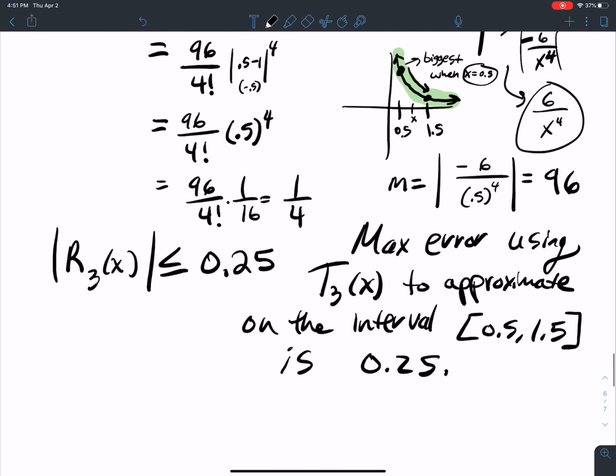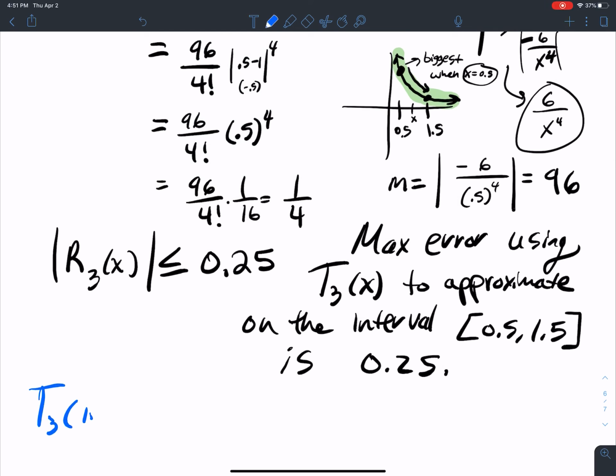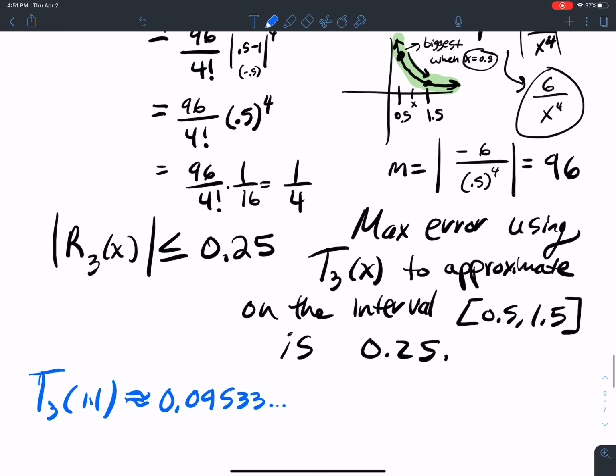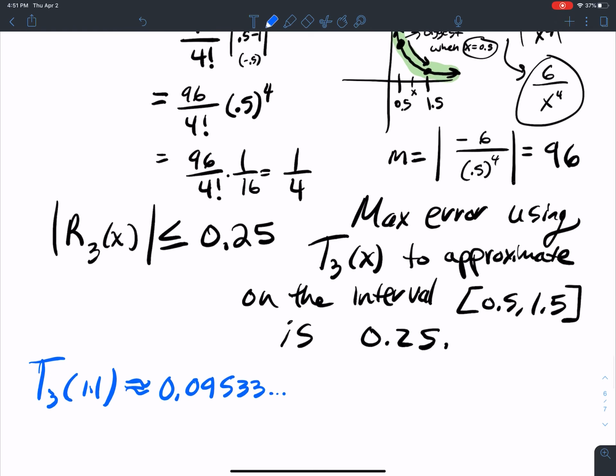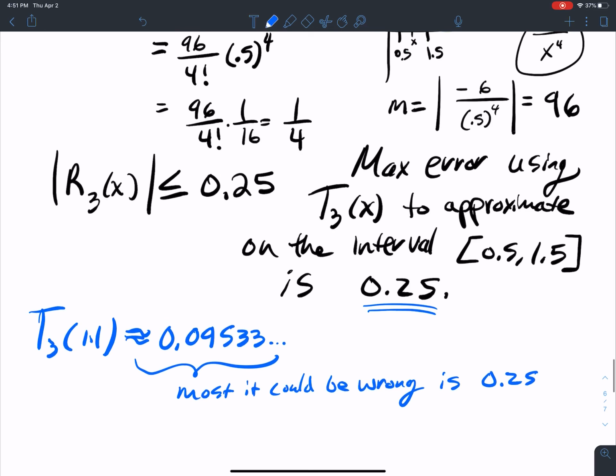Earlier, do you remember we found T3 of 1.1, roughly 0.0953333? What this is saying is that the most this answer could be off is 0.25, so plus or minus 0.25 in either direction.